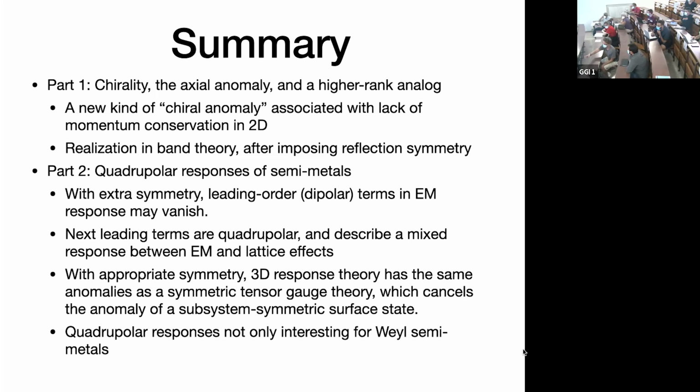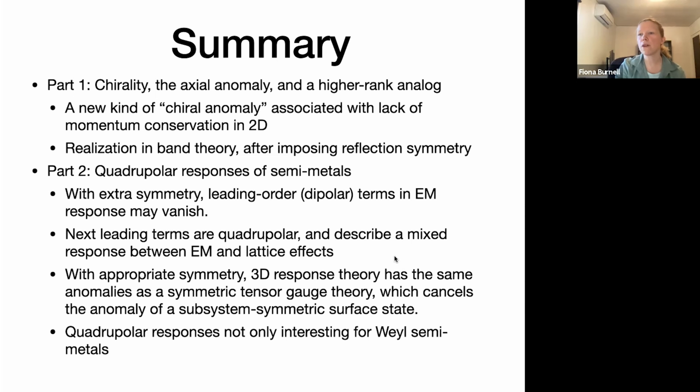Concerning the quadrupolar response in the Weyl metal with time reversal symmetry, does the shape of the Fermi arcs or their connectivity play any role in determining the quadrupolar response, or is the quadrupolar response something universal?